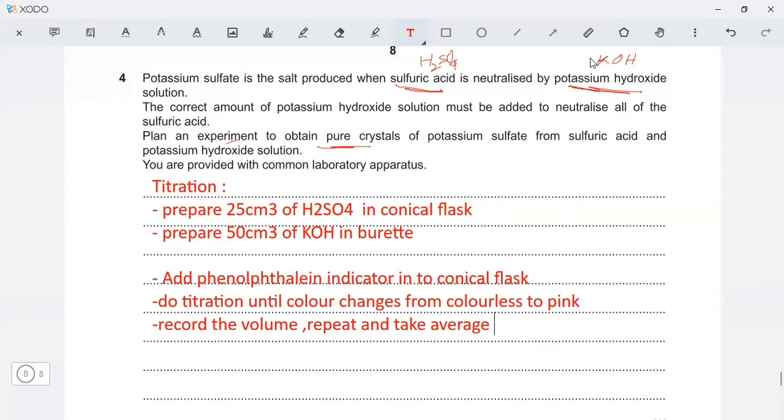And the second step, after getting the salt solution, the solution is to be taken into crystallization. So let's do the crystallization process. Crystallization, right? So crystallization is very simple. First step, you can do it like, you know, evaporate the neutral solution. What you get in the neutralized solution by titration, you have to just evaporate it.